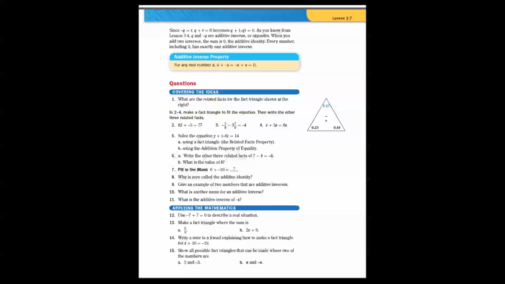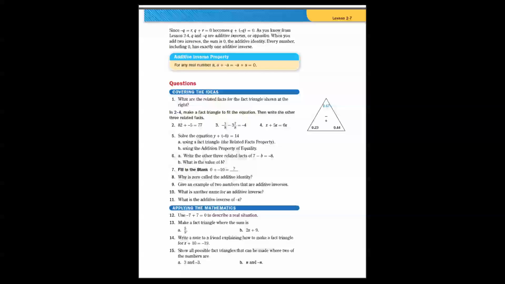Sometimes it's useful for us, as we did with the math facts, if we add and subtract the same number, then we know that they are additive inverses or opposites, and when we add opposites to each other, we get 0, and that's the additive inverse property.